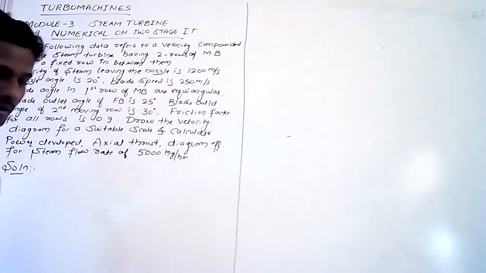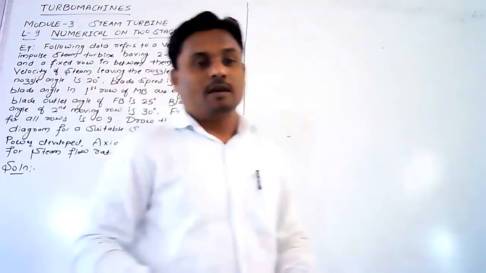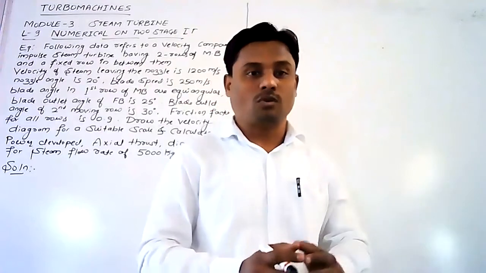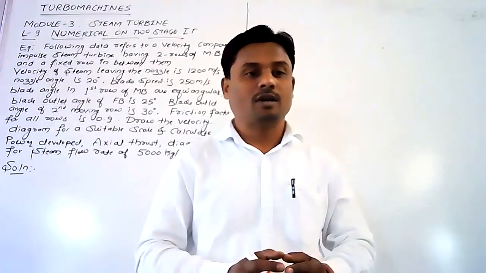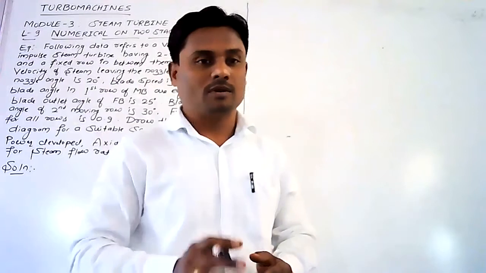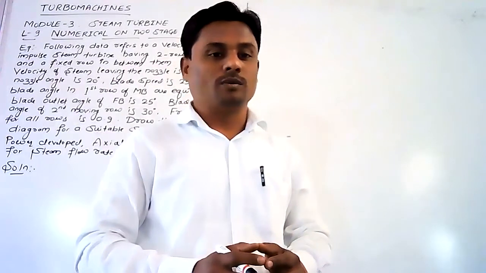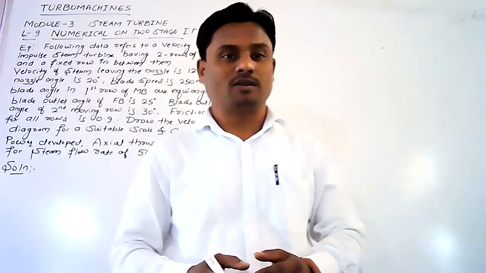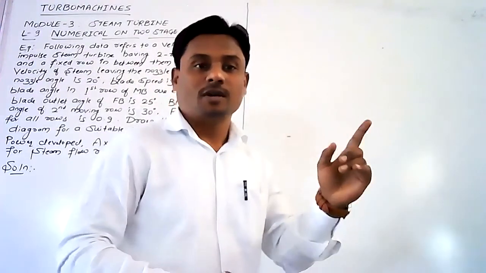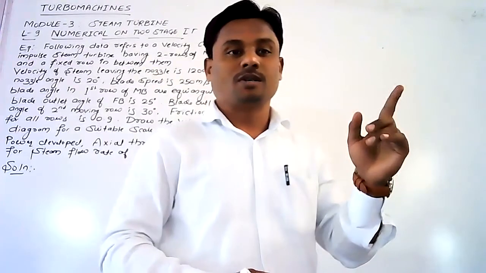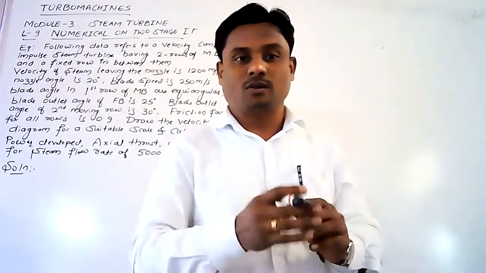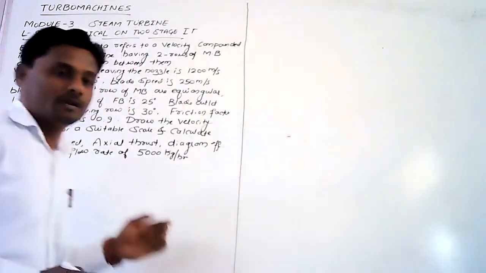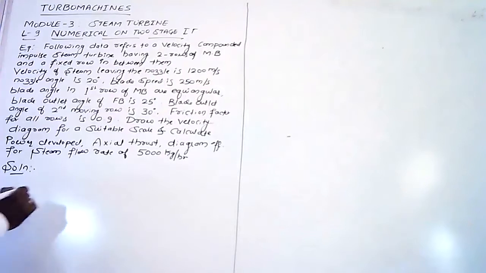So before writing the given data, let us draw the flow diagram from nozzle to the last row of moving blade. It will be more convenient if you draw this diagram, the flow diagram, in order to predict what is alpha 1, what is alpha 2, beta 1, beta 2, beta 3, etc. Okay, the first step in solving the numericals on two-stage impulse turbine is to draw the sequence diagram or the complete flow diagram.